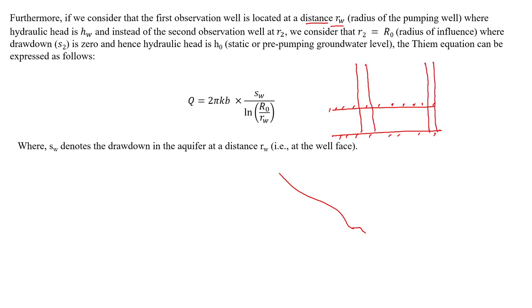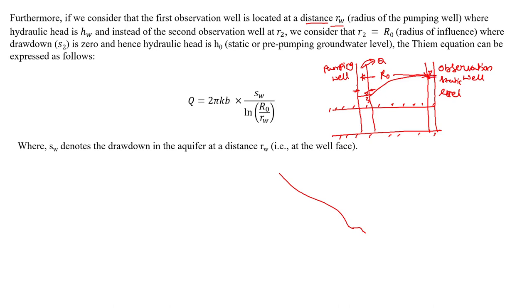This is the pumping well and this is the observation well. Initially the water level is at this level, which is the static level, and we are continuously taking water from the pumping well. This observation well is located at r naught, which is nothing but the radius of influence.